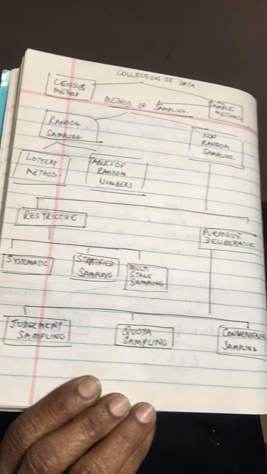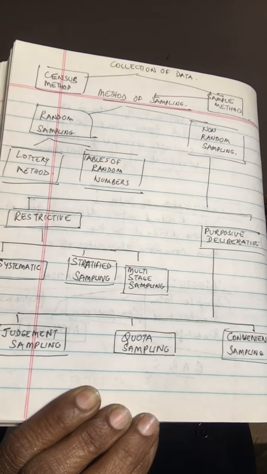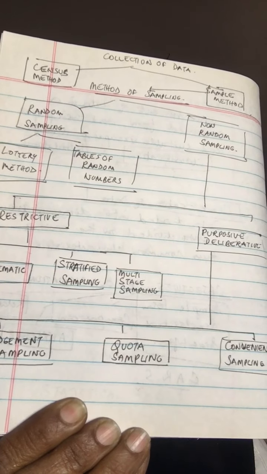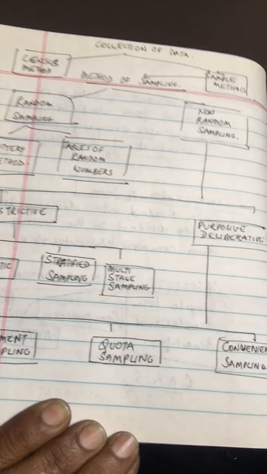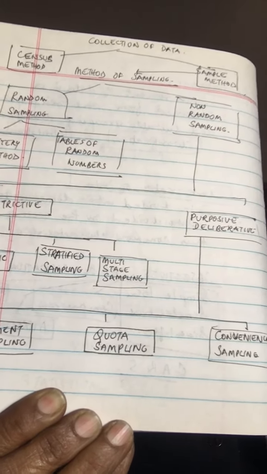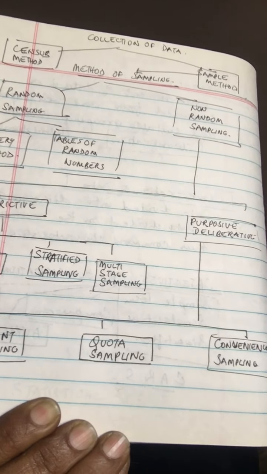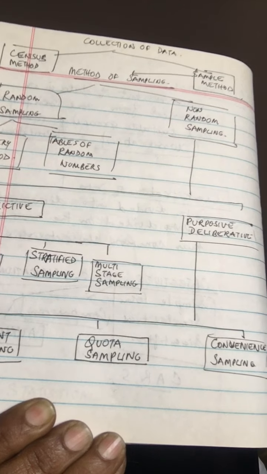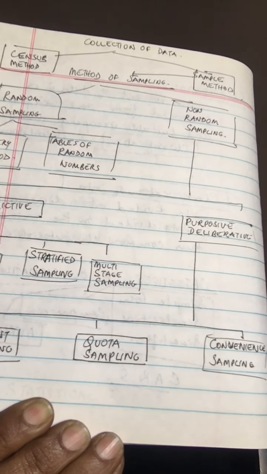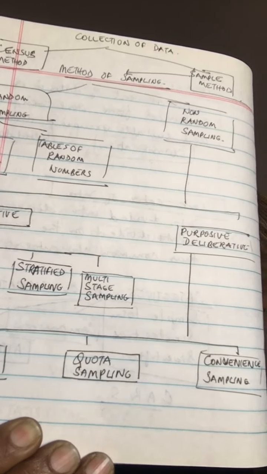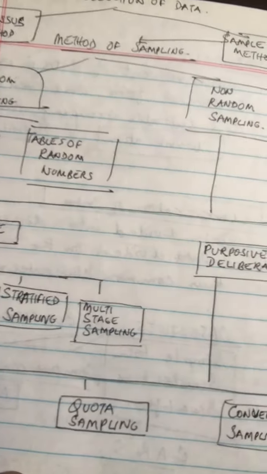Go through that, it's very interesting. And in the non-random sampling, this side, deliberative sampling means you deliberately make a sample based on your judgment, that is judgment sampling. Quota sampling, you earmark how much percent of what category of people you want to take. And then convenience, it's up to you. All of this we did, and this is how we collect raw data.